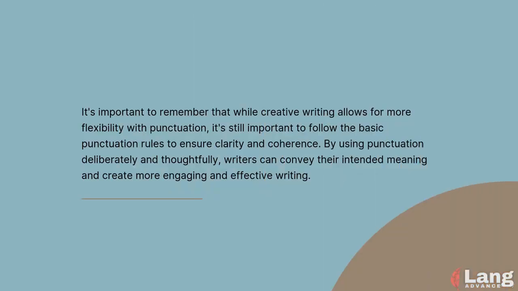It's important to remember that while creative writing allows for more flexibility with punctuation, it's still important to follow the basic punctuation rules to ensure clarity and coherence. By using punctuation deliberately and thoughtfully, writers can convey their intended meaning and create more engaging and effective writing.